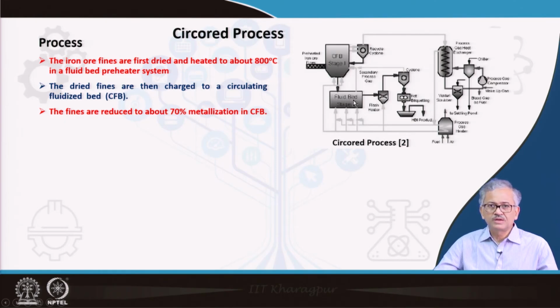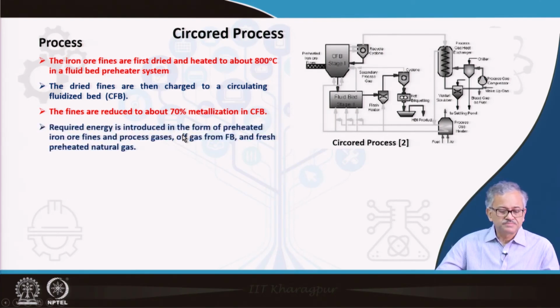The fines are reduced to about 70% metallization in the CFB, and then they come to the fixed fluid bed reactor, and the fluid bed reactor is compartmentalized. A number of compartments are there, and the residence time is also quite high, around 3 hours, such that you can reduce it to a very high metallization, about 90%.